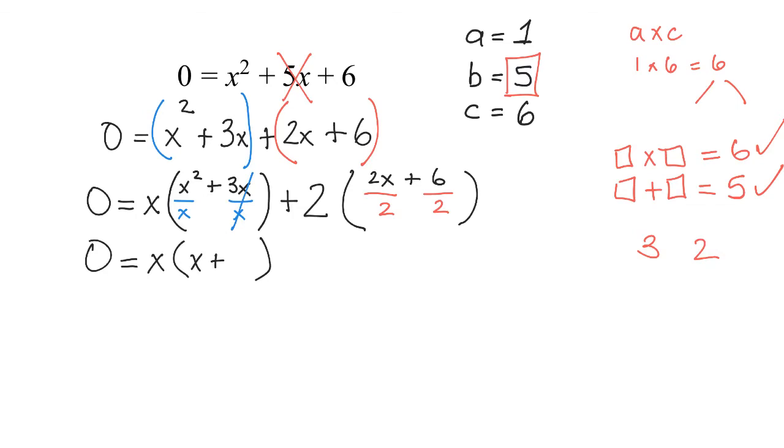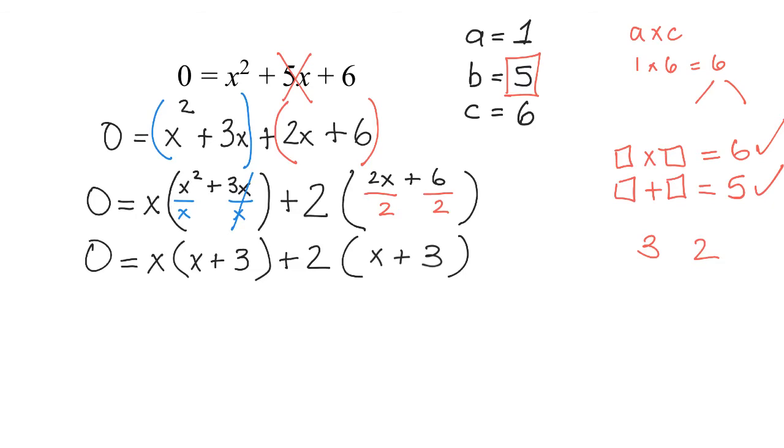And so the only thing that's going to be left is 3. Then I have a plus sign. I have a 2, and now I'm going to perform the division inside this bracket. I've got 2x divided by 2. 2 divided by 2 is 1. I don't have to write the 1. So the only thing left over here is an x. I've got a plus sign, and 6 divided by 2 is 3.